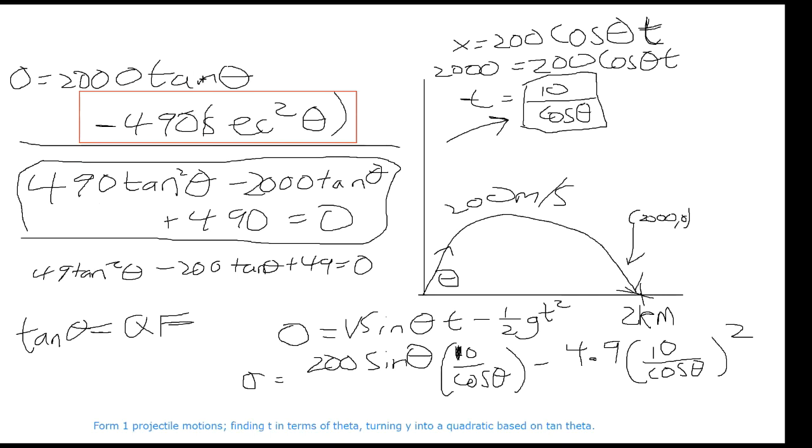I just moved everything to the other side, so I would have a positive 10 squared there, which means that this 2000 will become minus 2000. Anything I skip working for is usually just algebra. I'm not using a hidden rule from here to here, I'm just moving stuff. I haven't actually done anything.